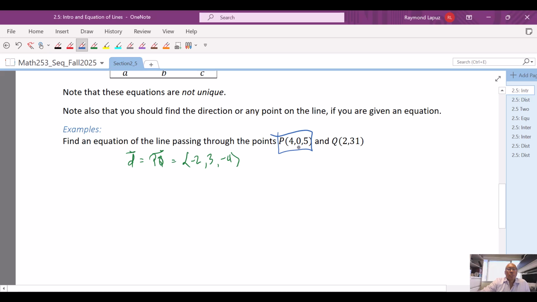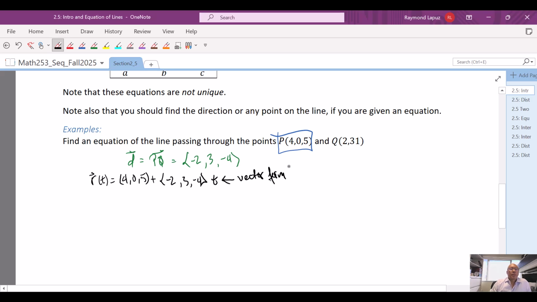So we'll use this point for our point, and therefore our vector form of the line, I'll call r of t, with an arrow on top because it's a vector, would be the point 4, 0, 5 plus the direction vector negative 2, 3, negative 4 times t. Okay, so this is your vector form.